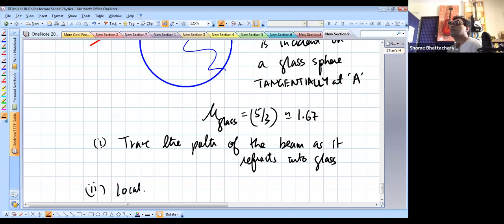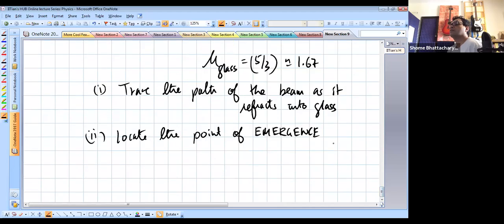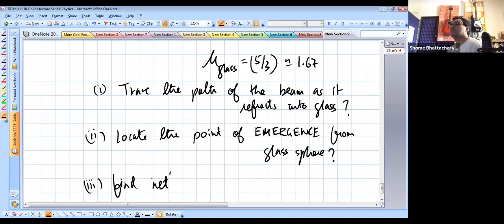Locate the point of emergence from the glass and find the net angular deviation.